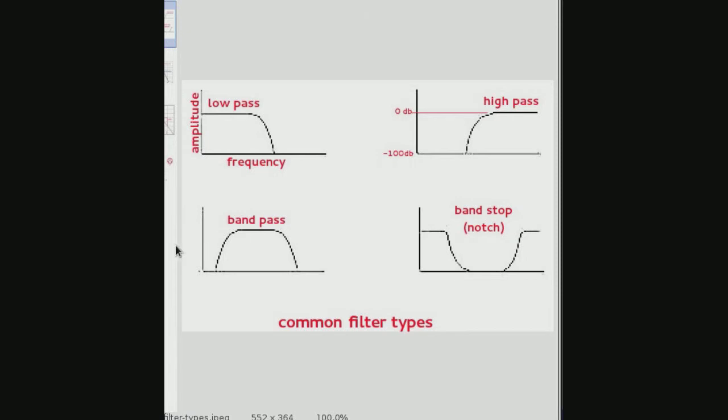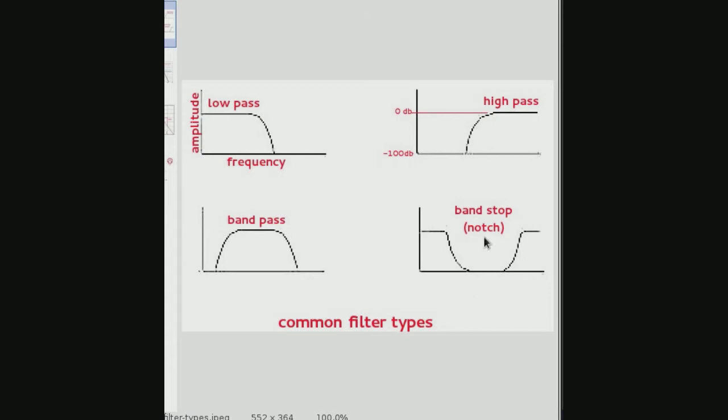Anything that's higher or lower than that band is going to be cut off, and a band stop or a notch filter is exactly the opposite of a band pass, in that it's going to pass the lower ones and the higher ones, but the things within the band that you've chosen, if right here would be the cutoff frequency, things within that frequency are reduced, silenced, whatever you want to call it.